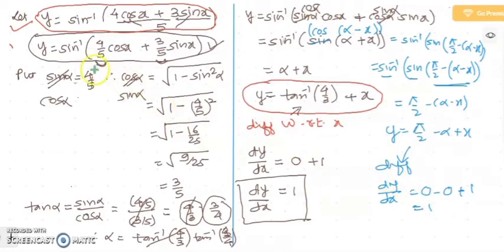So if you make those changes, in place of sin alpha, which I used in the beginning, if I make the change as cos alpha, this will be sin alpha, and therefore you use the formula cos alpha cos x plus sin alpha sin x, means it will be cos of alpha minus x, and therefore we have to write in terms of sine of something. That makes it a little bit lengthier.